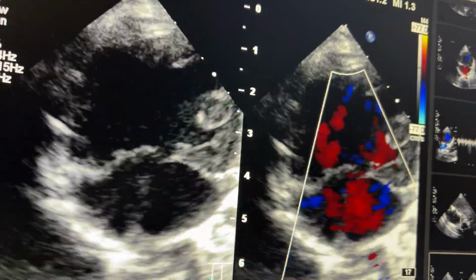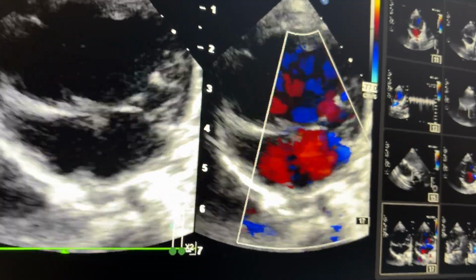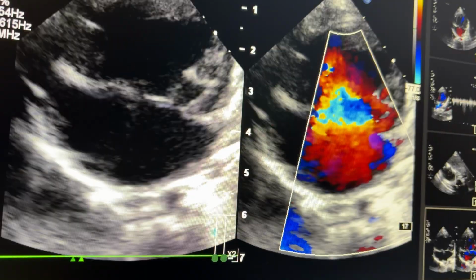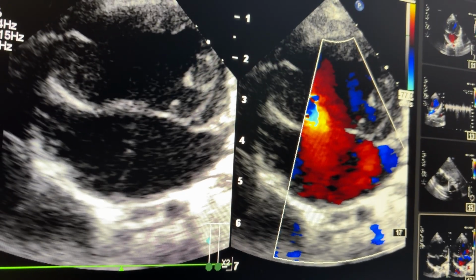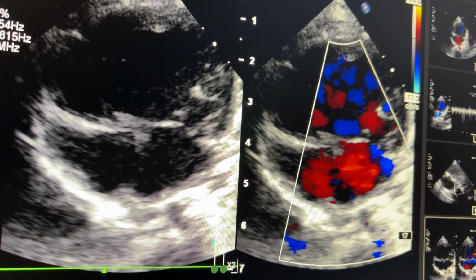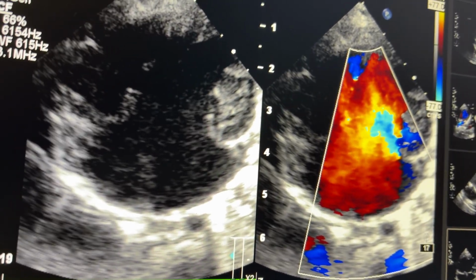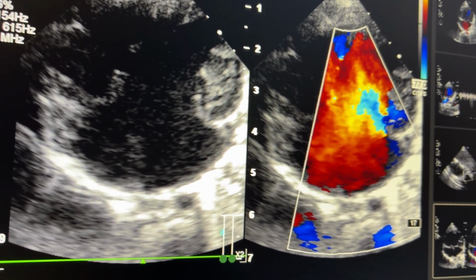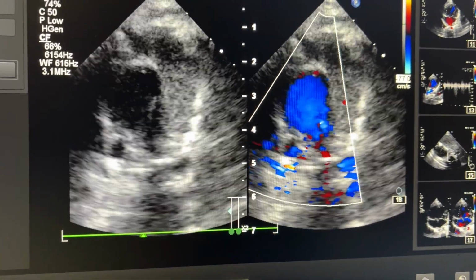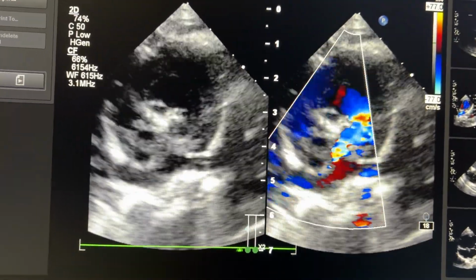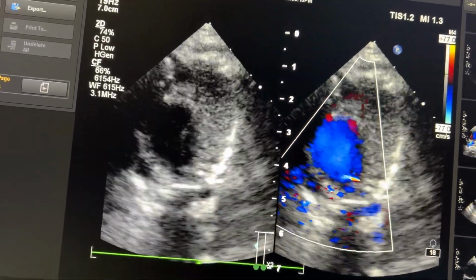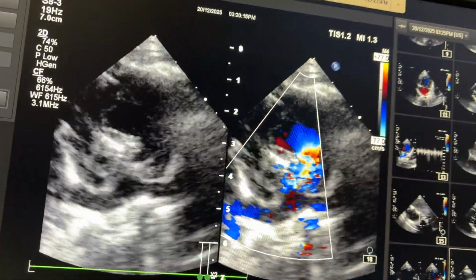This is a moving image. You can see in this image, the aorta is on the right side, the pulmonary artery on the left side.